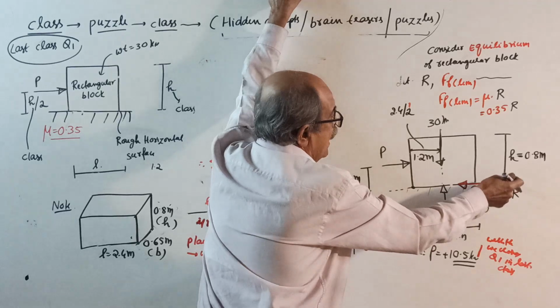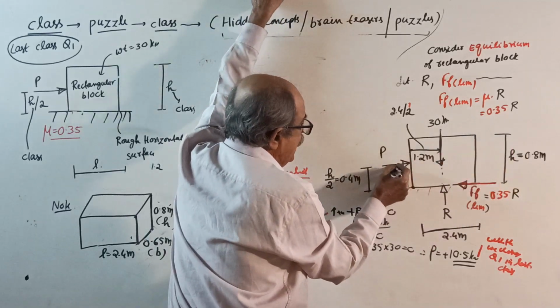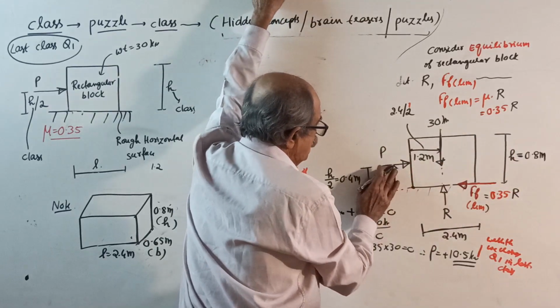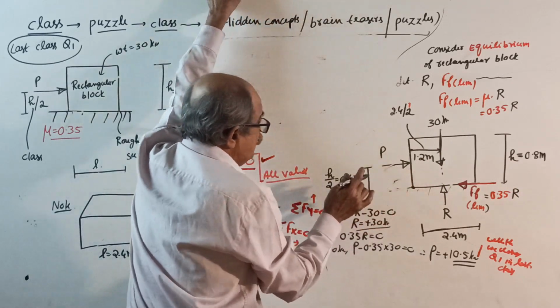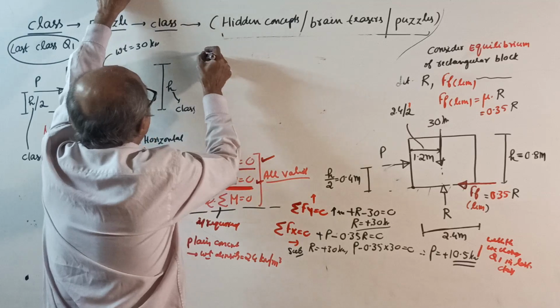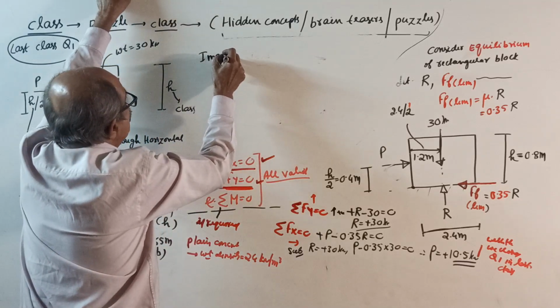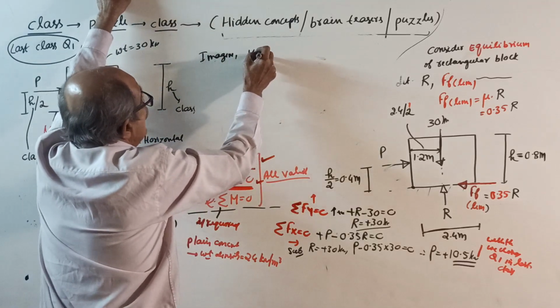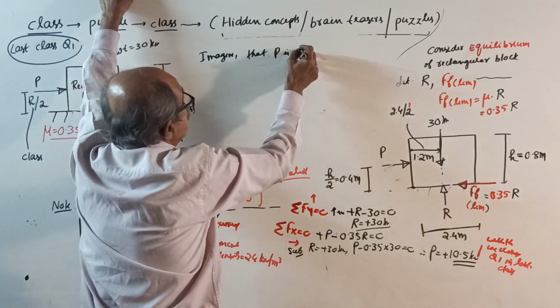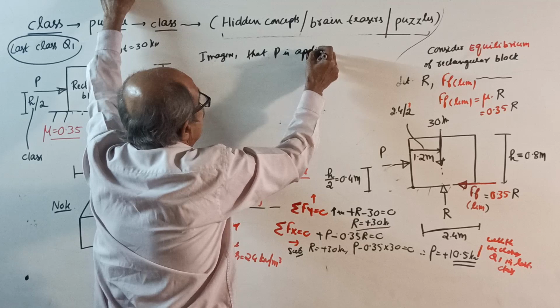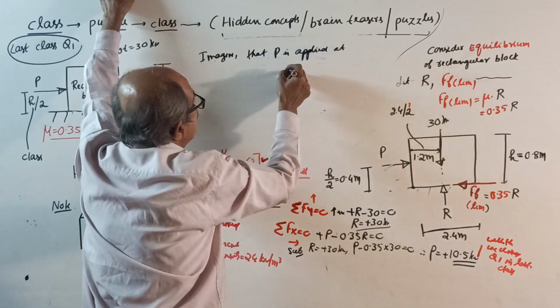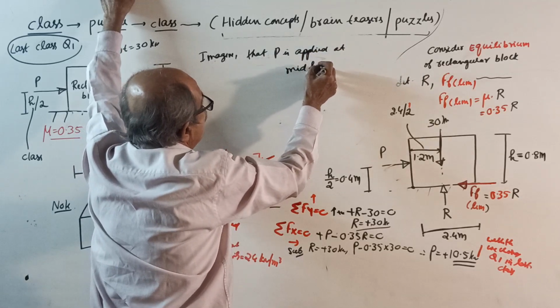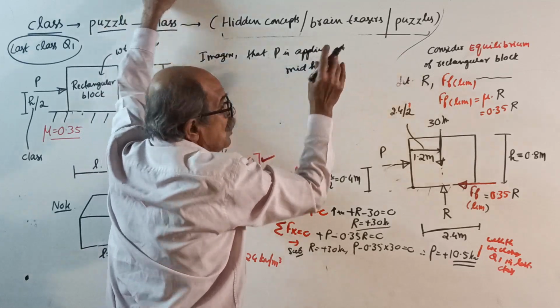And height is 0.8. Where do you apply that load? You can apply it wherever. Imagine that P is applied at mid-height. This is not wrong.